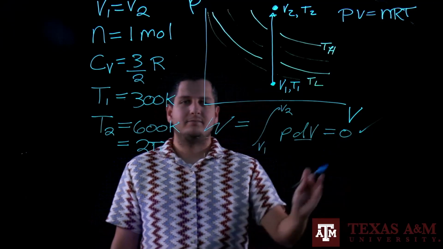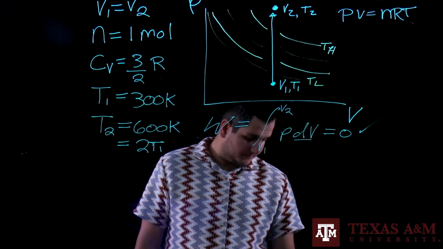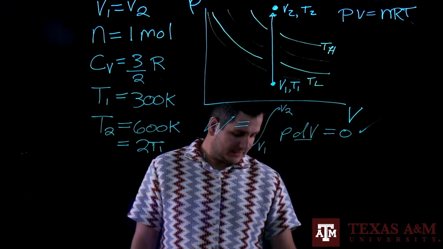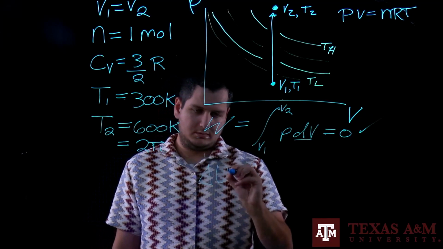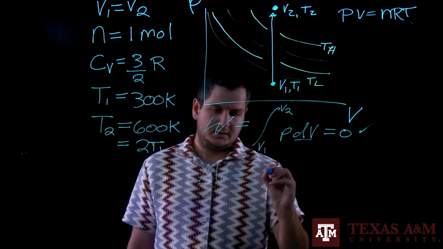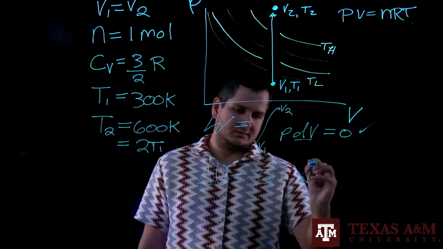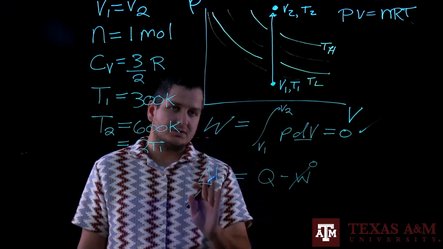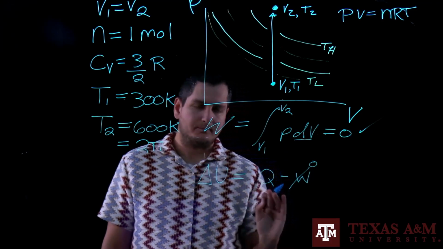That's nice, okay? So work is equal to 0. Then what else can we do? If work is equal to 0, according to the first law, we have Q minus W, work is equal to 0. So we know the change in internal energy will be equal to the heat transferred, okay, Q.